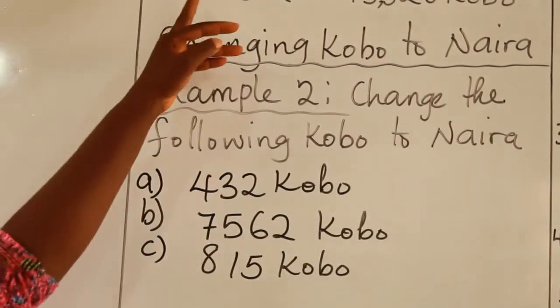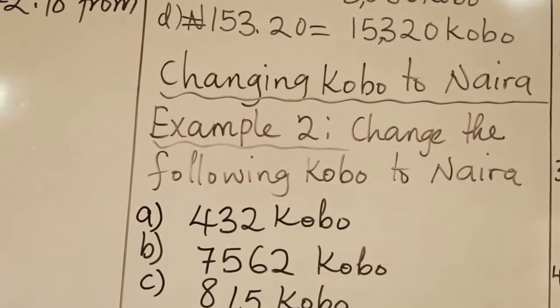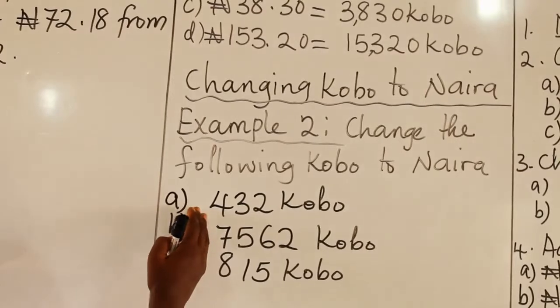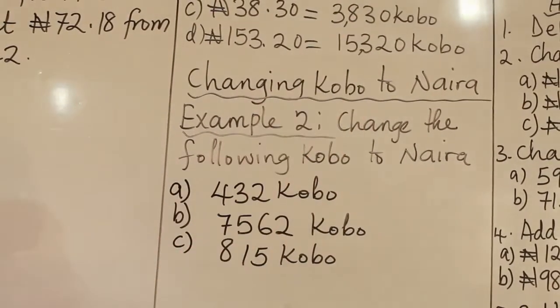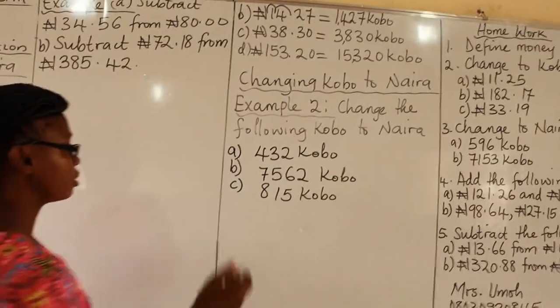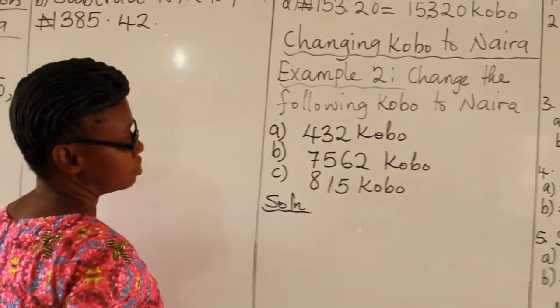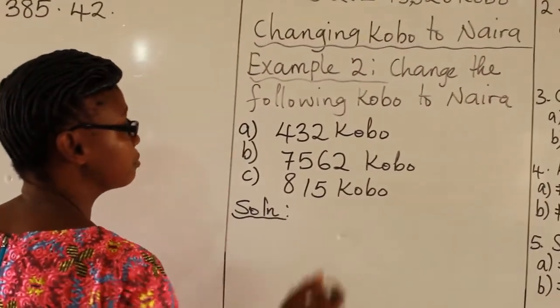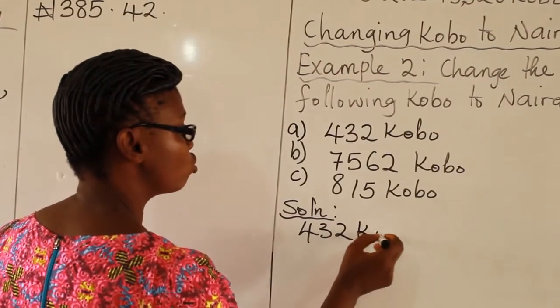The first one that we had naira in front, changing from naira to kobo. So this one now we have our money written in kobo, just like we had here. So we'll be changing this to naira. So the first method I want to show to us, you have 432 kobo.